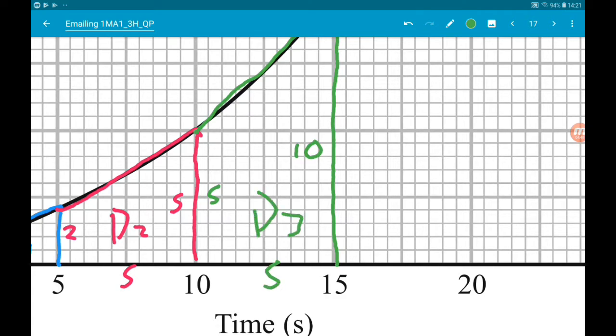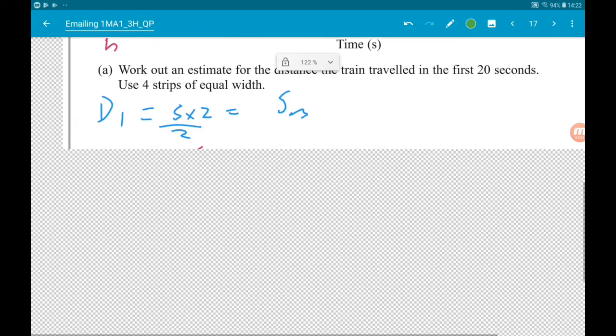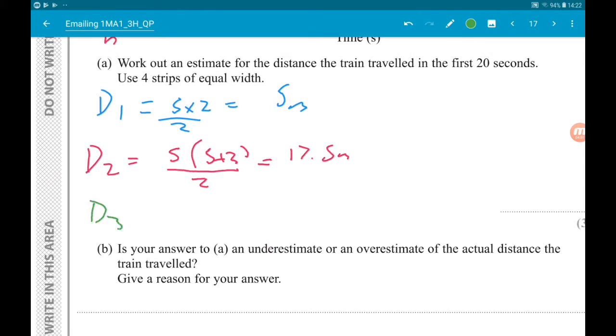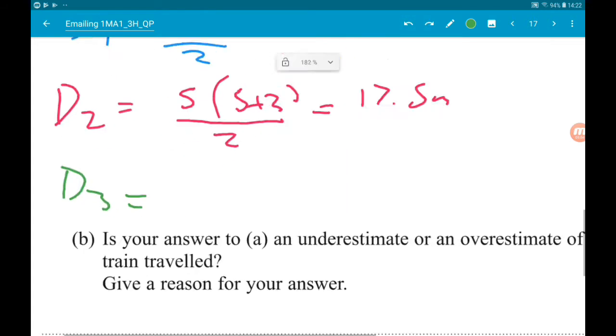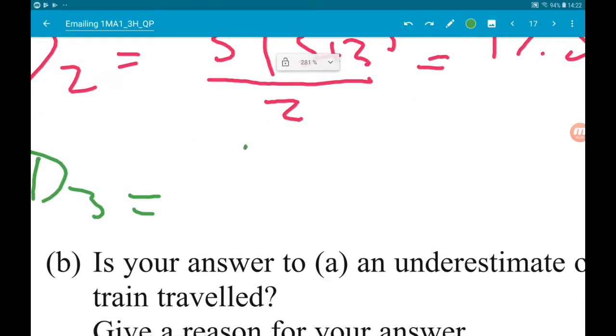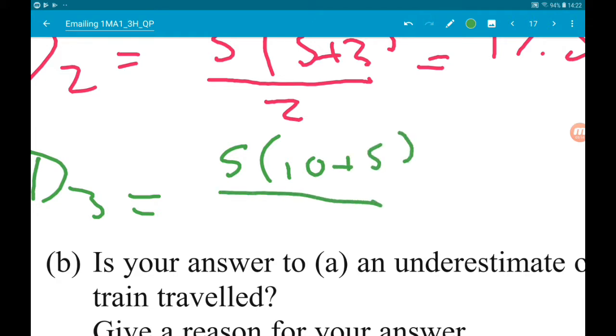Call it T3. T3 then is 5 times 10 add 5 all over 2, that's 5 times 15, which is 75, divided by 2 is 37.5.